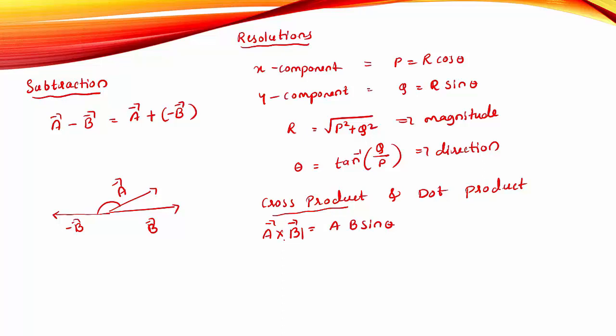This gives its magnitude. And for dot product we can write vector A dot vector B is equal to AB cos theta. Cross product is non-commutative, but dot product follows the commutative property.